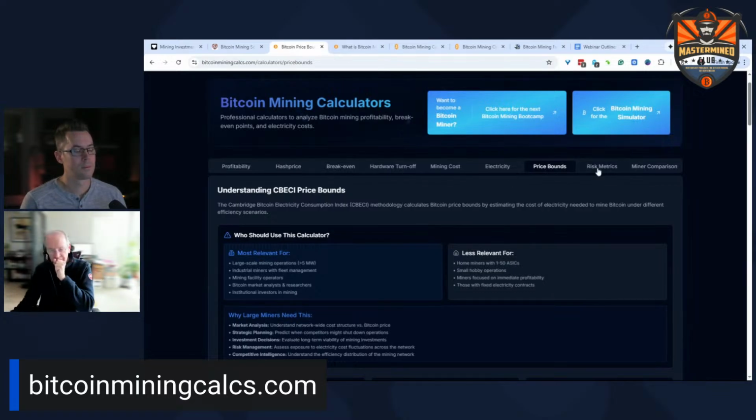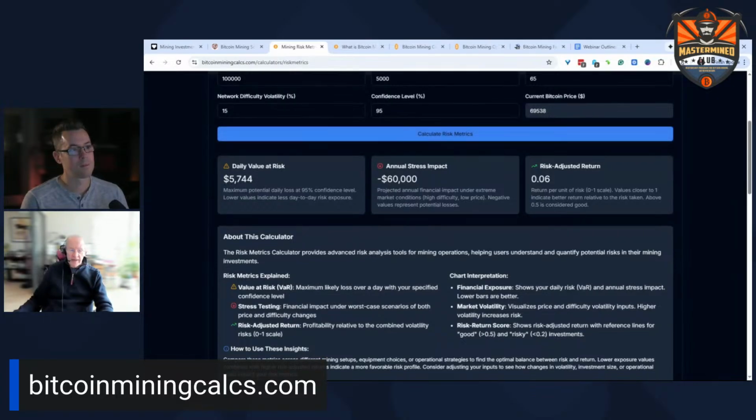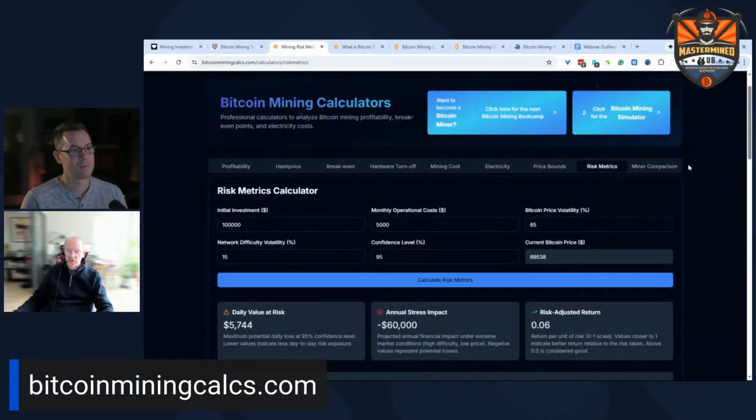And of course, then we have risk metrics. What is the risk to us as things change? Again, this might not apply to you, but as with every calculator, there's information about it where you can look and start to understand what the impact is.